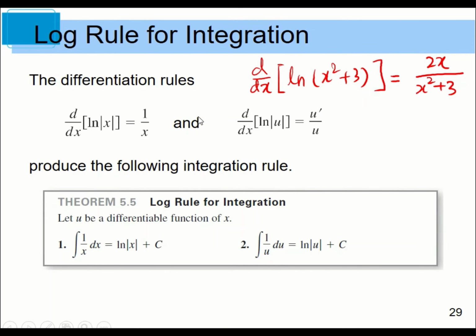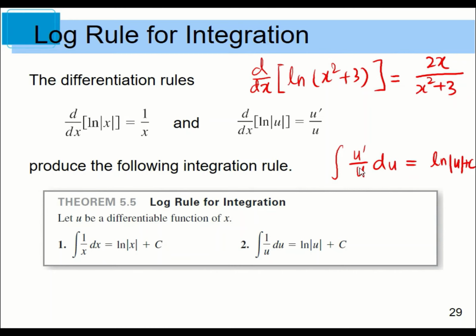Now, this actually gives us a clue on the integration of functions related to the logarithmic function. So when we integrate 1 over x, we will have ln x plus c. And when we integrate u prime over u du, we will have ln u plus c.